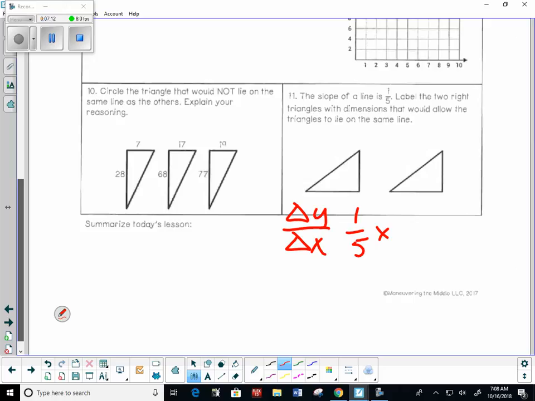I'm going to multiply this by, let's say, 6 over 6. We know that 6 over 6 is just 1. So we're just multiplying by 1 whole, but we're coming up with equivalent ratios. So this is going to be 6, our rise, and this is going to be 30, our run. The change in y is 6, and the change in x, let's call this 30.